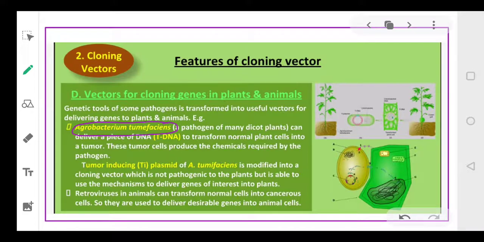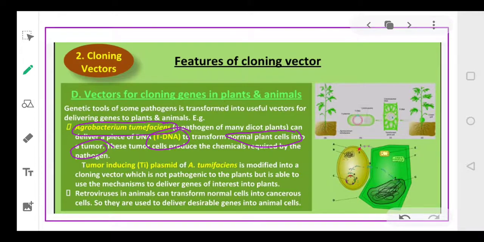Agrobacterium tumefaciens. Okay. This is a pathogen in dicot plants, and this pathogen can deliver a piece of DNA which is called tDNA into the normal cells, and once it is delivered into the normal cells, they will become tumorous cells.